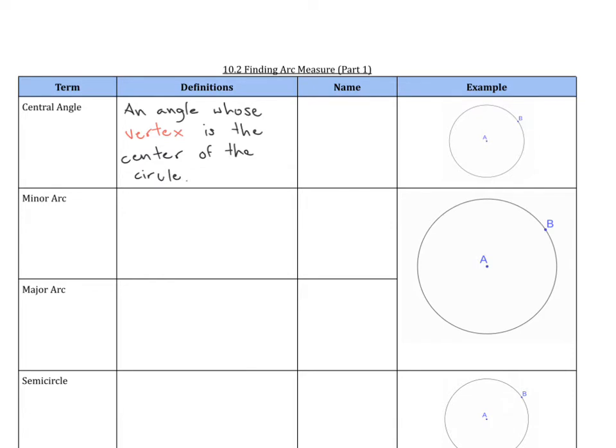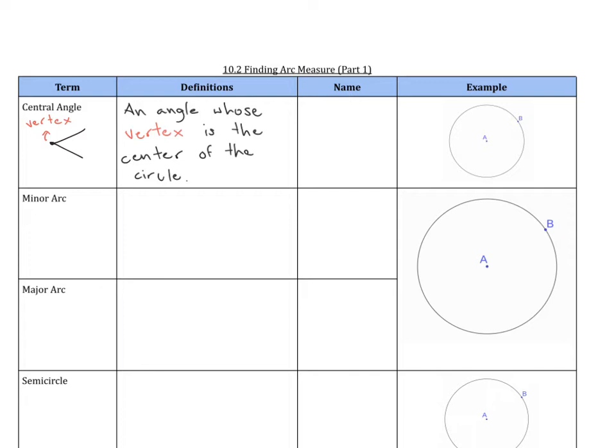All right, so a small reminder as to what a vertex is. If you have an angle like so, the vertex is going to be the point where your two line segments intersect. It's kind of like where your angle begins. So this point right here is the vertex.